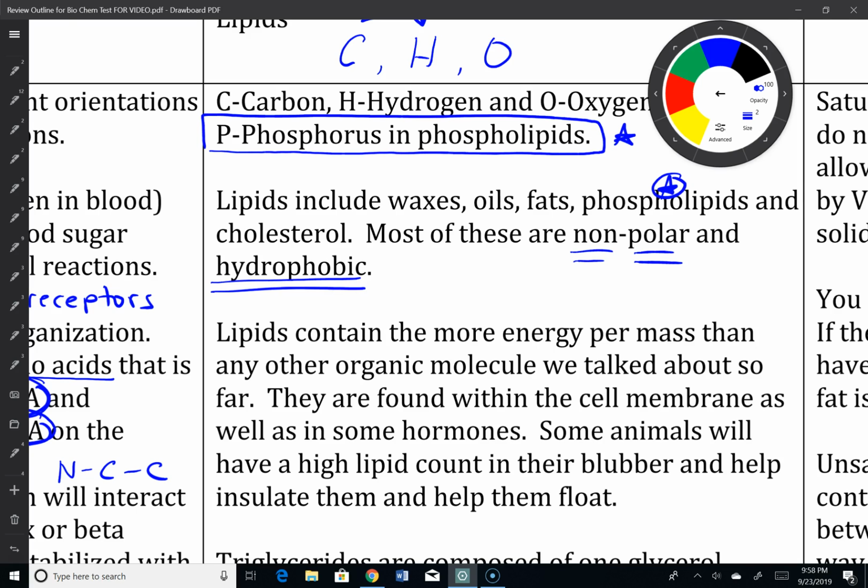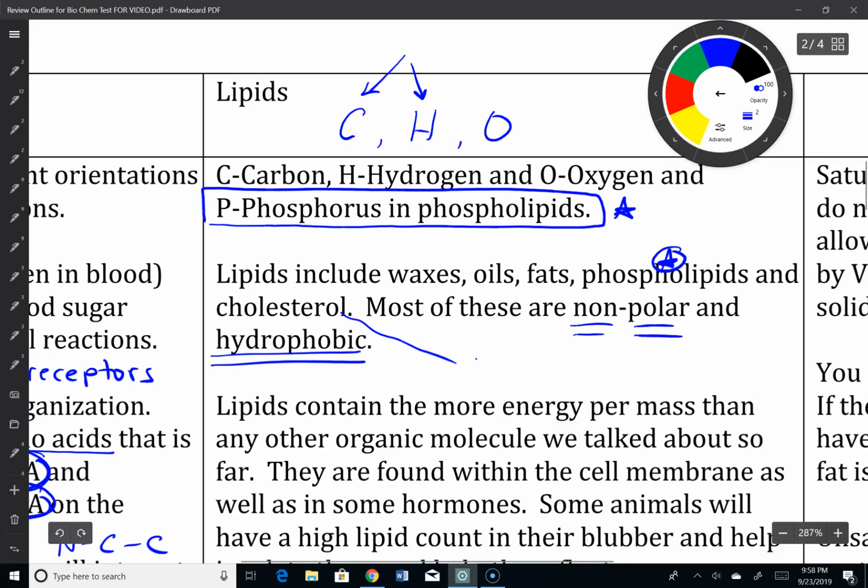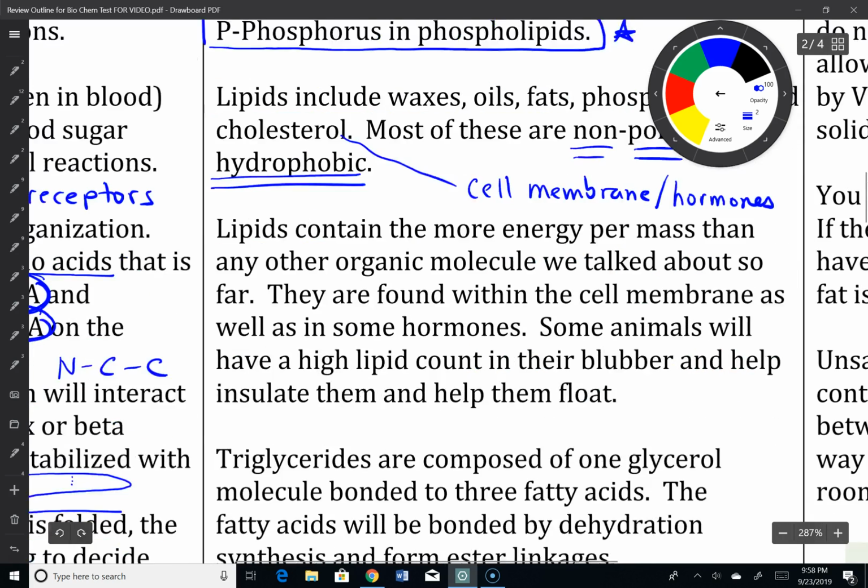Things like cholesterols could be found in the cell membrane. Now, although they are not good for us in excess, we do need them for the cell membrane, and they are part of some hormones. So although eating too many is bad, we do need cholesterol for cell membrane maintenance and hormones.